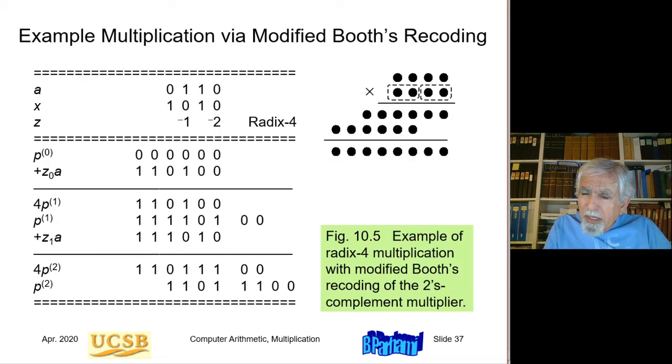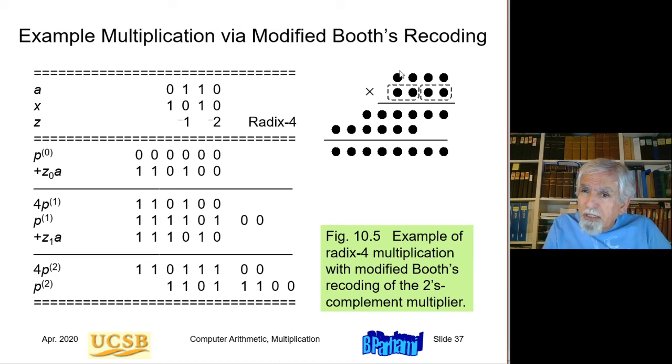So here is a numerical example of the multiplication using modified or radix 4 Booth recoding. This is A, this is X, this is the Booth recoding of X. Here's something I forgot to explain last time. Let's say these are 2's complement numbers.